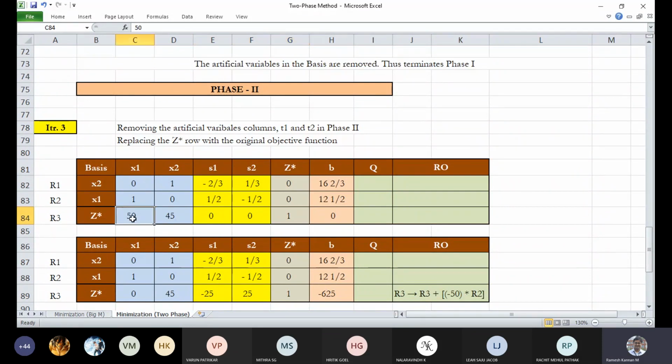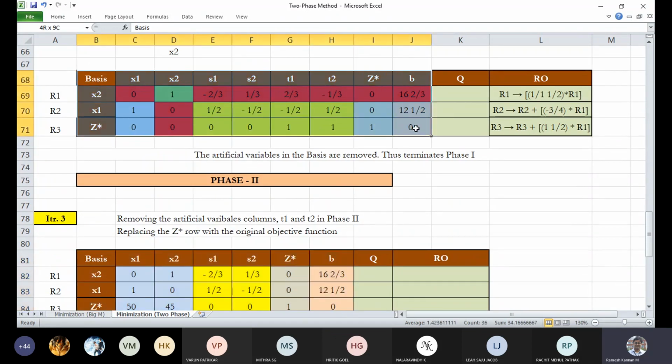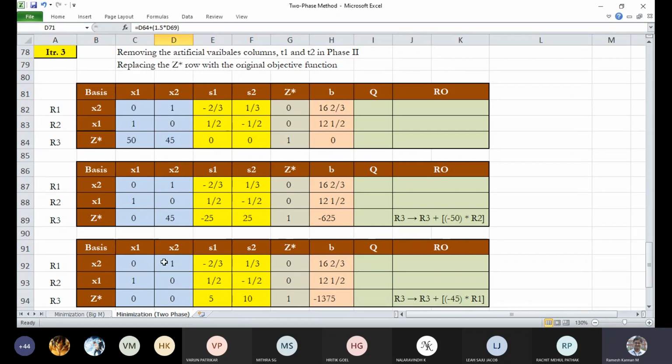So 50, 45 is the z coefficient for the variables x1 and y. Then this is from the previous iteration. The only thing is we replace the 0, 0 by the original objective function 50 and 45.